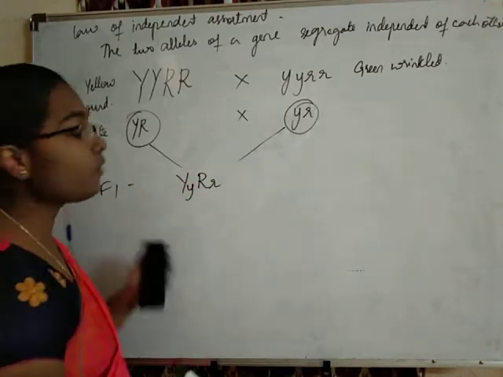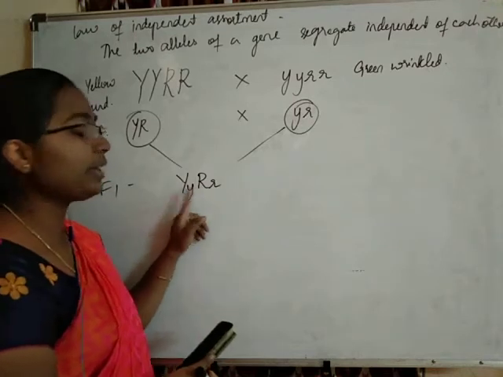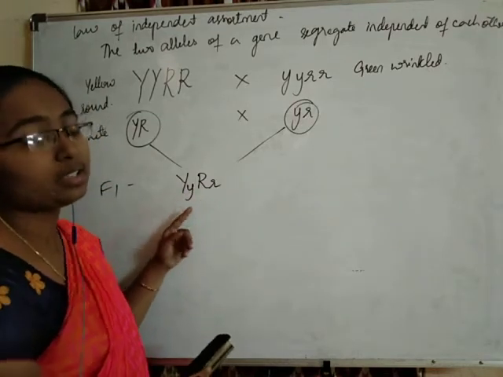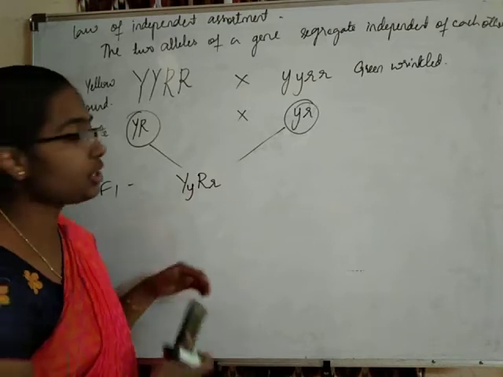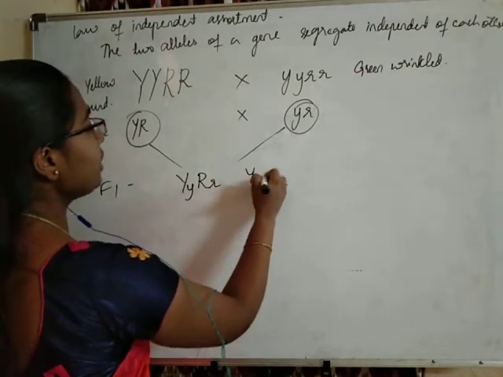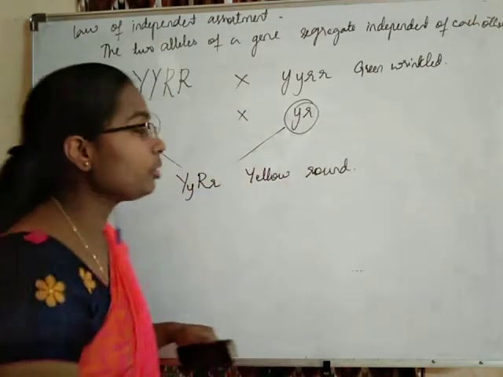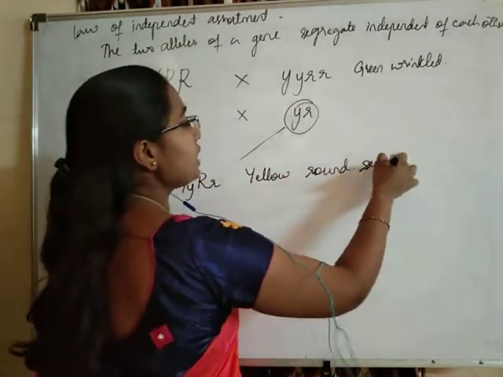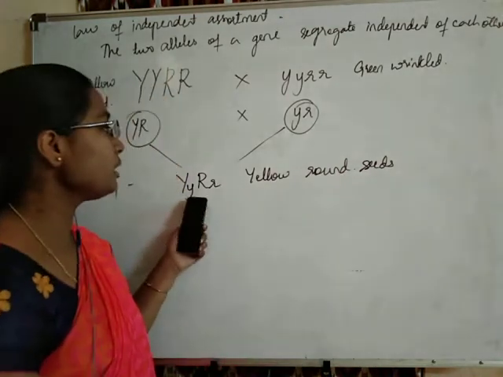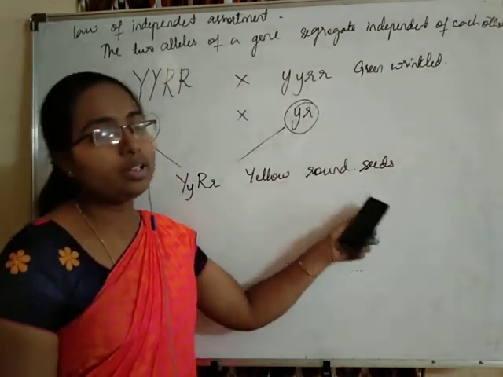Because capital Y and capital R are dominant alleles showing yellow and round, this F1 individual will be a yellow round individual, producing yellow round seeds.